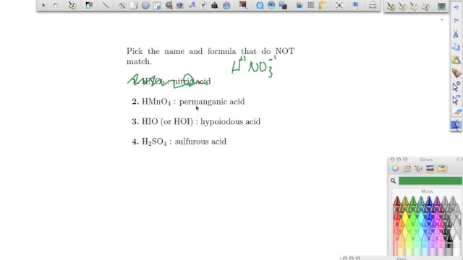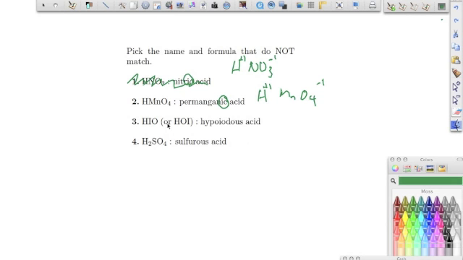We look at permanganic acid. Since it ends in IC, we know that it used to be permanganate, which is hydrogen bonded to MnO4 with a -1 charge, so +1 -1, and that's where we get our HMnO4.